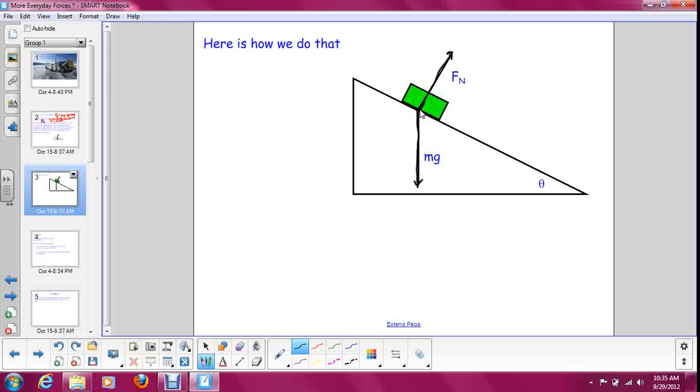And our new axes are here for our x, and here for our y. So we need to break down this force of gravity into its x component right here and its y component right here.